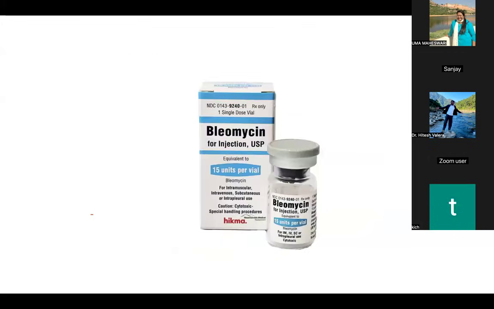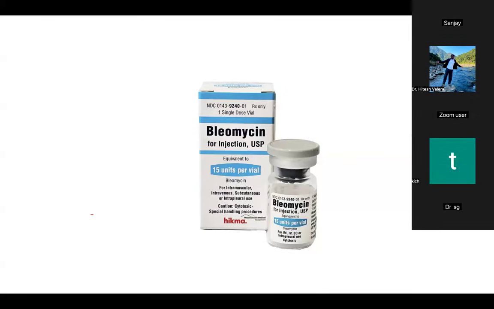Okay, right. So coming to bleomycin, it is a bacteria-derived antibiotic chemotherapy agent. Bleomycin acts by binding to copper and getting transported into the tumor cell, and there it binds to iron in the ferrous form, and it gets converted in the presence of oxygen to the ferric form, right?